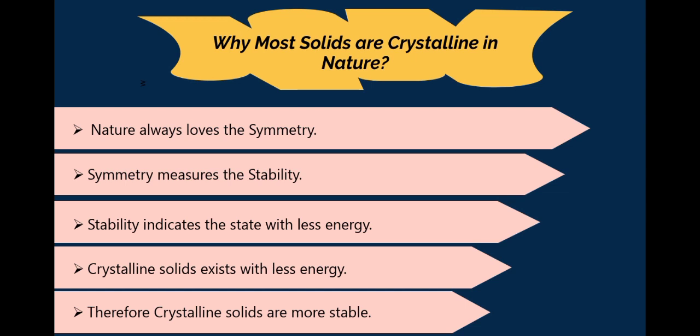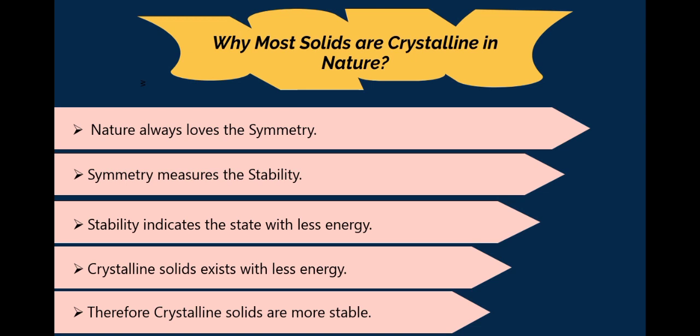And the third one is, stability indicates the state with less energy. Stability in physical systems corresponds to a state of lower energy. Systems naturally tend to adopt configurations that minimize their energy content to achieve a stable equilibrium. Lower energy states are associated with greater stability as they represent energetically favorable arrangements that require minimal energy input to maintain.